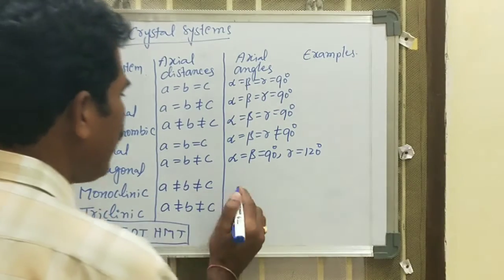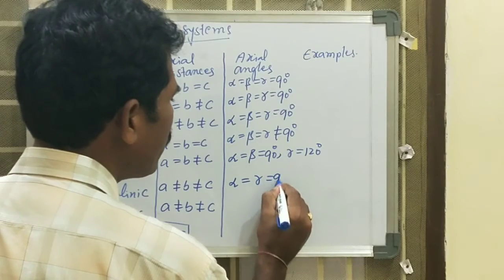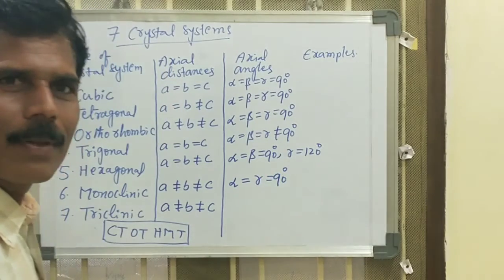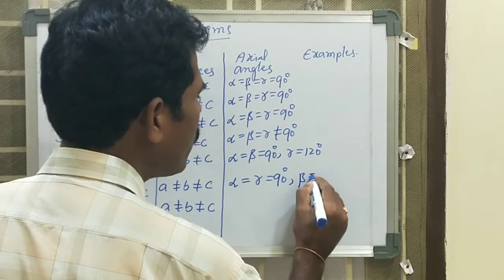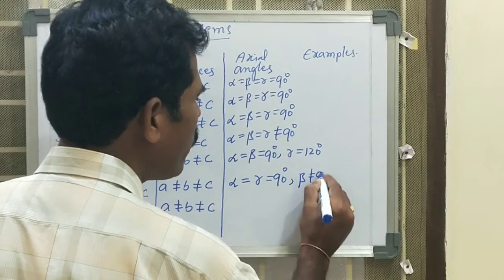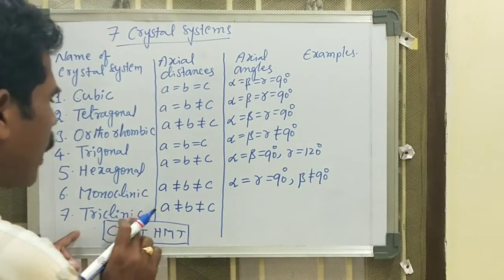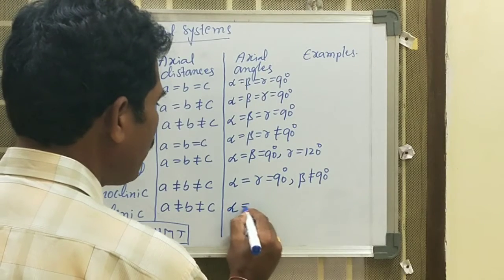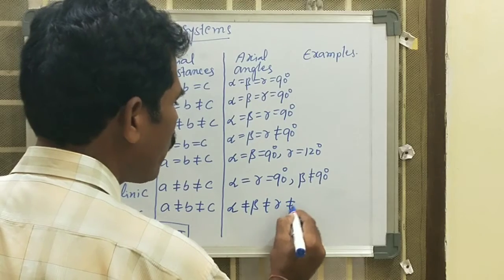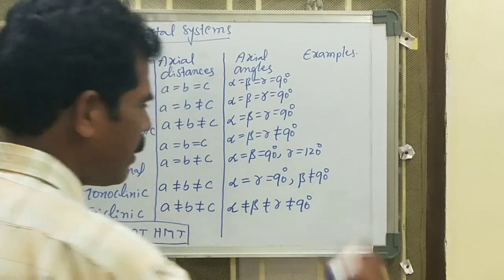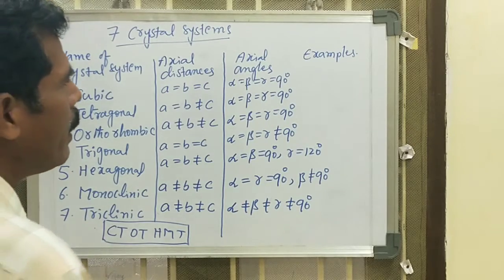So now monoclinic, alpha equal to gamma equal to 90 degrees, but beta is not equal to 90 degrees. Next, for triclinic, alpha is not equal to beta is not equal to gamma is not equal to 90 degrees. Is it clear, dear students? Is it clear, everybody? Yes.